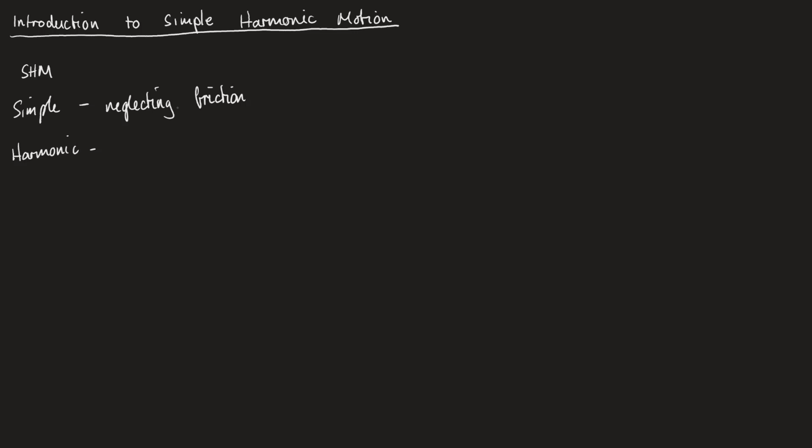Now, harmonic, we've heard before in waves, where we have standing waves, and we always said that waves were sinusoidal. We always described them as being a transverse wave where it went up and down. And so harmonic just means that we have a repeating effect. So this is just going to be repeating motion.